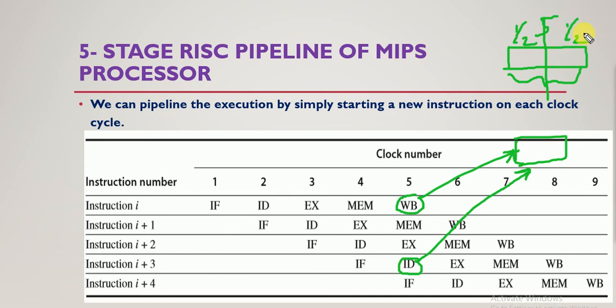One cycle is divided into 2 half cycles, and in the first half all the register writes will happen, so it is reserved in that way. In the first half only the register write happens in that cycle, and in the second half the register read happens.